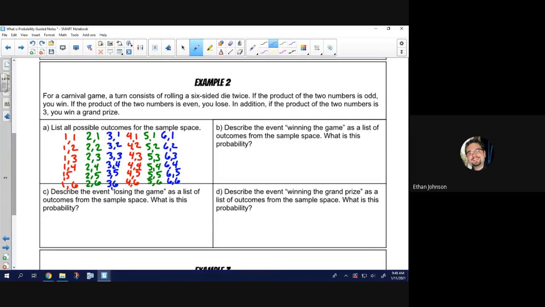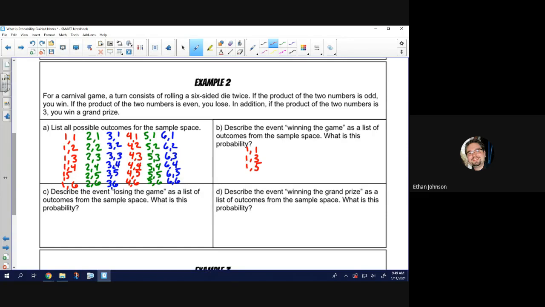So for B, it says describe the event winning the game as a list of outcomes from the sample space. So in other words, we want to know what number combinations can we have to win. Now, once again, to win, the product has to be odd. In other words, neither of the numbers can be an even number. So going through our list, the only possibilities then are rolling a 1 and then a 1, rolling a 1 and then a 3, a 1 and a 5.